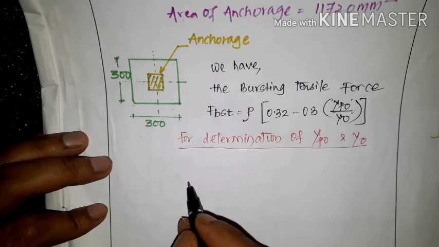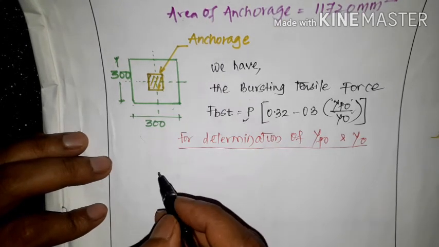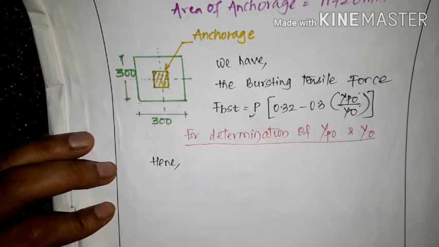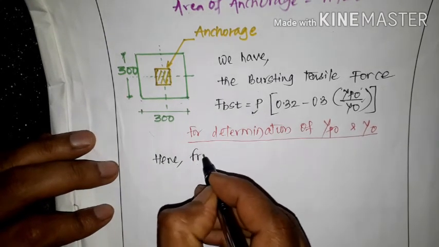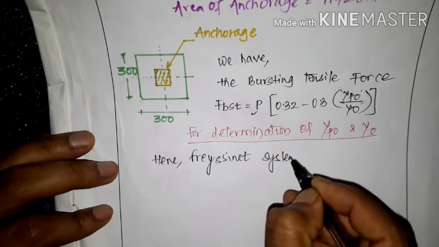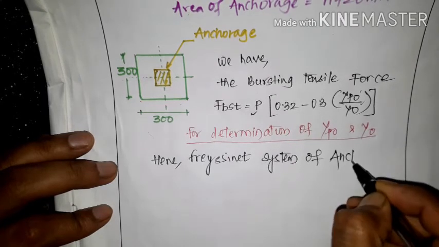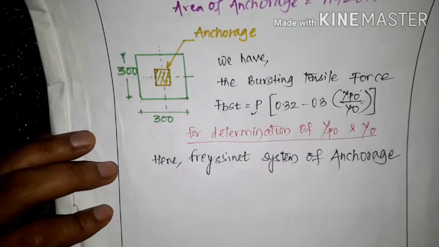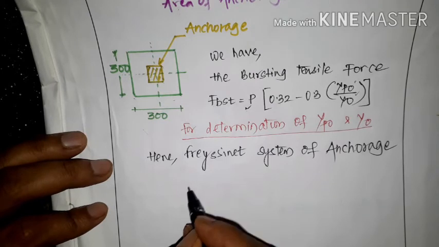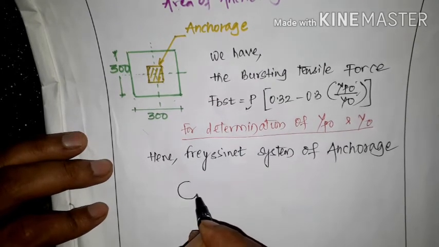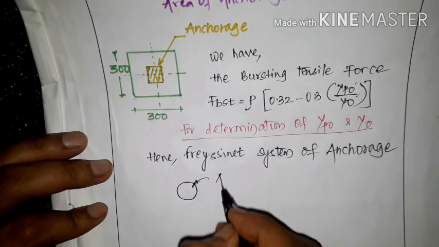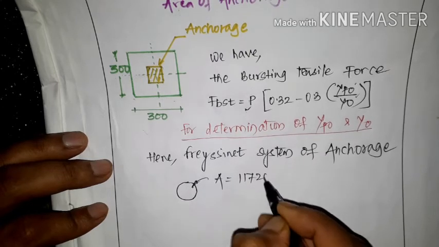The anchorage system is given as a Freycinet system of anchorage, where the area of anchorage is given as 11720 mm square.